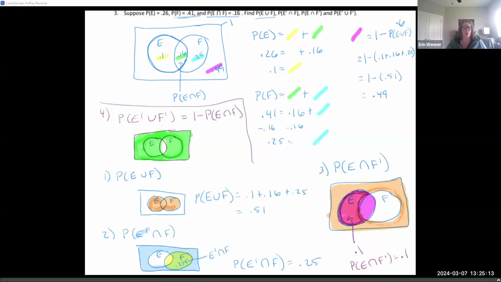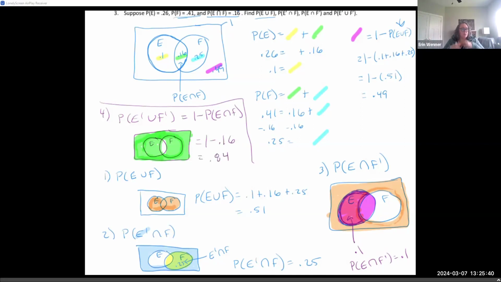We don't really harp on these identities a lot because I don't expect you to memorize them. I want you to be able to derive them by coloring, like I'm doing right now. But that is an identity. So we can see that it's 1 minus that intersection, which is 0.16, which gives us 0.84.